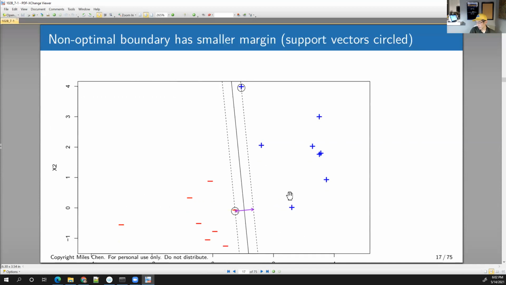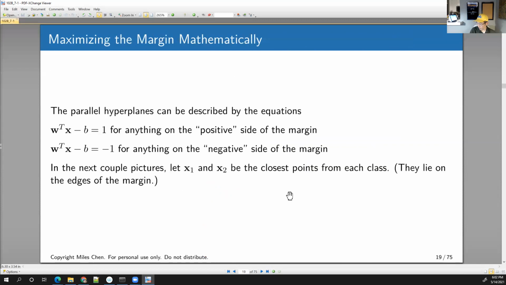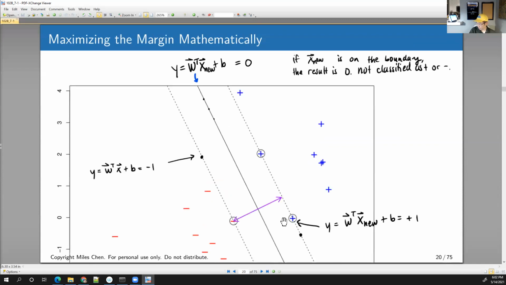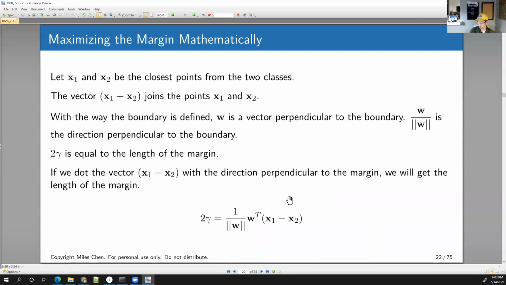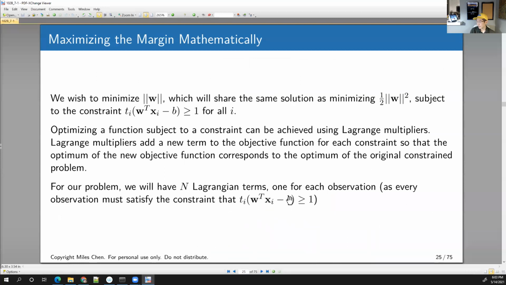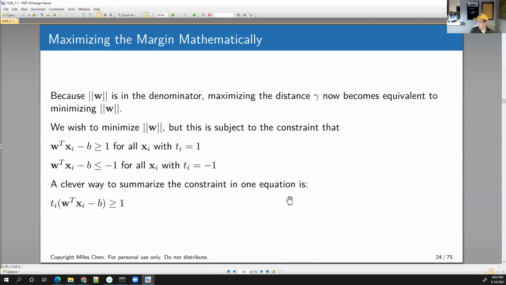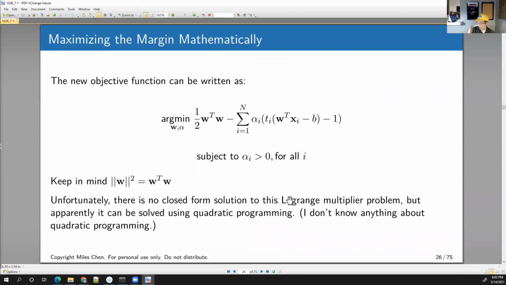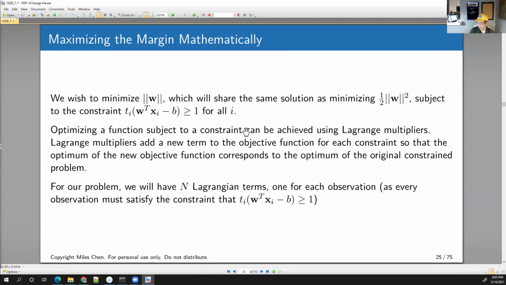These two parallel lines we want as far apart as possible. And basically, when we do that, we take 2 points that lie on these dotted lines, these parallel hyperplanes, and we project that onto some vector that lies perpendicular to the boundary. Okay, and we said what we want to do is maximize this, but according to the condition that when we draw the boundary, everything has to be classified correctly.